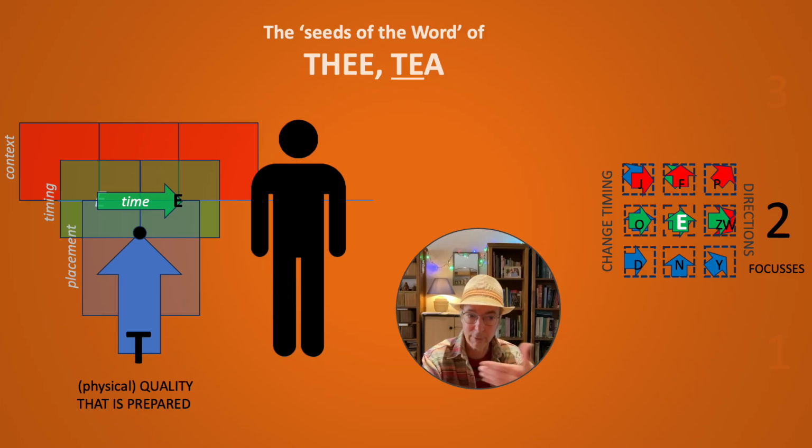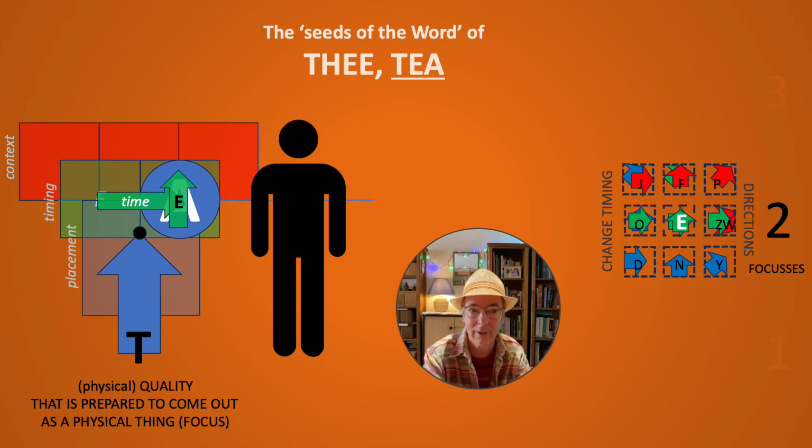So with the time, the physical quality is also prepared in that way, where you have a quality that is not just prepared but also comes out or is highlighted at that point. And A, it will also be noticed and be resulted into a physical thing.